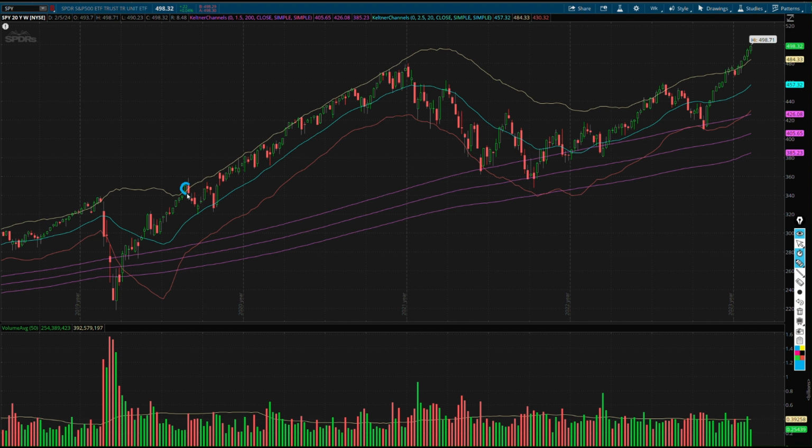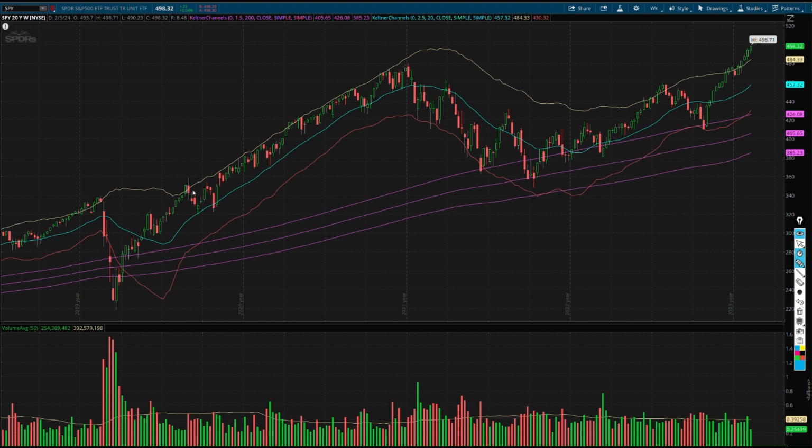Every time we see this, there is a small correction here. It went for 1 month and then 2 weeks of correction here, 4 weeks of correction here, another 3 to 4 weeks of correction here.